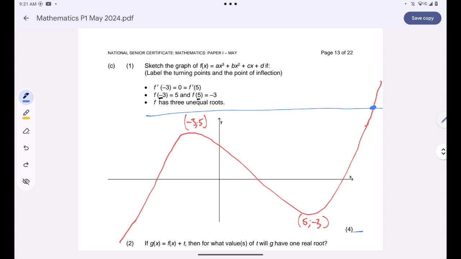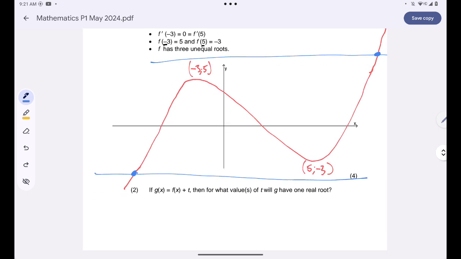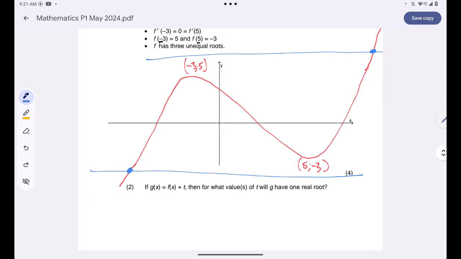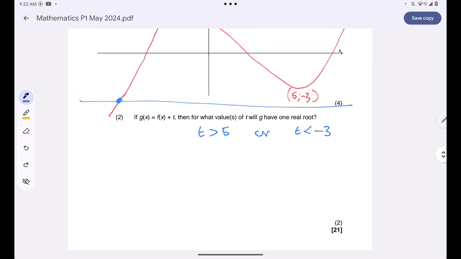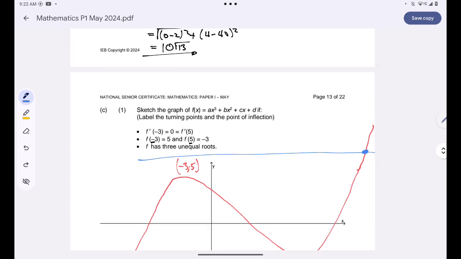And then if you draw it below your minimum point, you will only have 1 root as well. So for us to have 1 root, the value of t should be just greater than the maximum value, or t should be just less than the minimum value. That's how you tackle these questions, guys, in a cubic function.